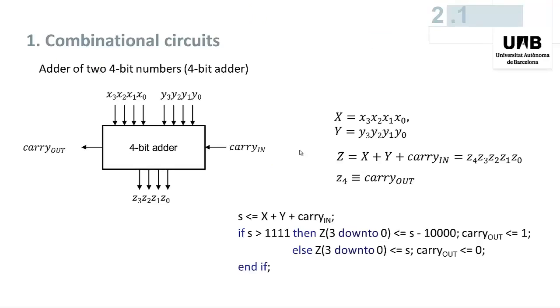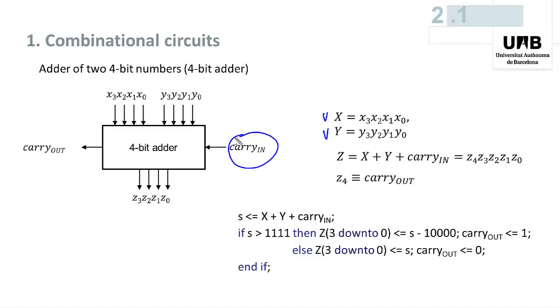Now let us see a first example of combinational circuit. Consider a circuit that computes the sum of two 4-bit numbers x and y, plus an incoming carry bit.